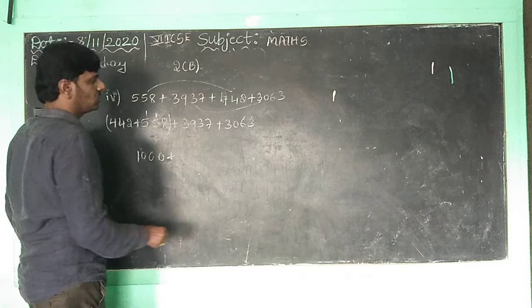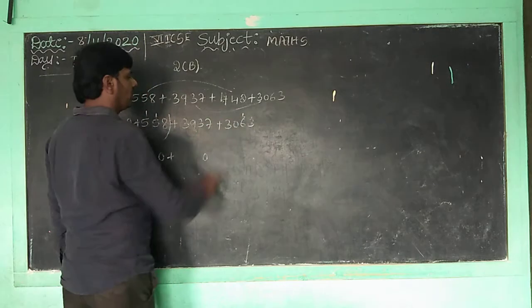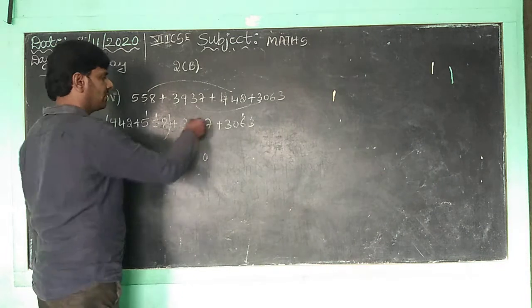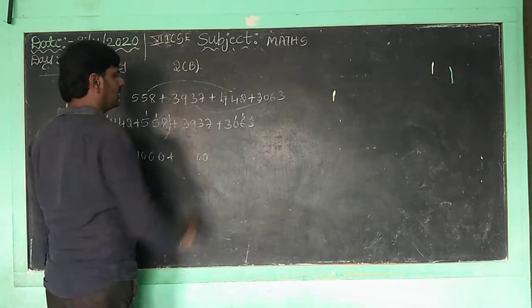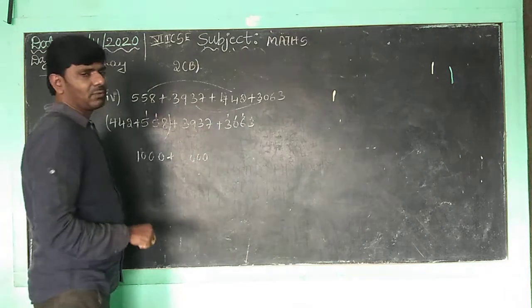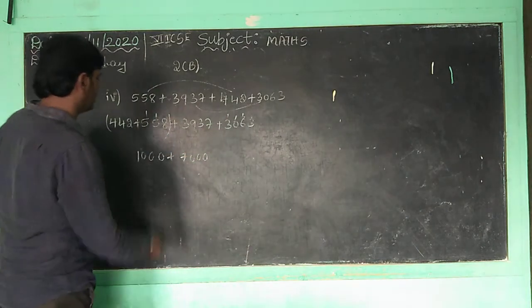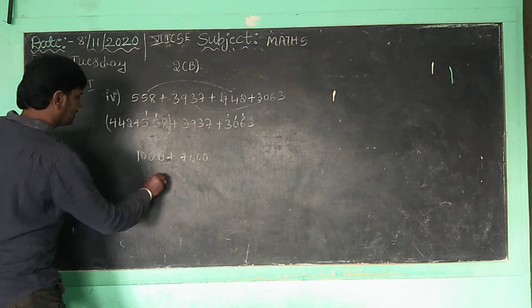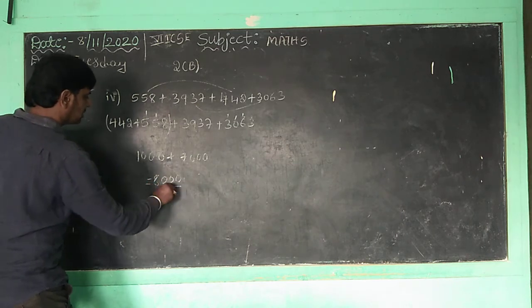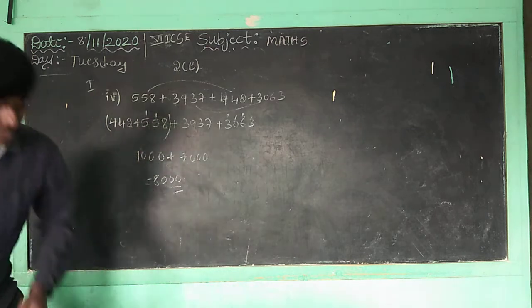Then these two numbers you can add: 7 plus 3 is 10, carry 1, 1 plus 6 is 7, 7 plus 3 is 10, carry 1, and 1 plus 9 is 10, carry 1, and 1 plus 3 is 4, 4 plus 3 is 7. Here 7000 plus 1000 is equal to 8,000. It's very simple, children. You can understand, children. Now you want to take the last question.